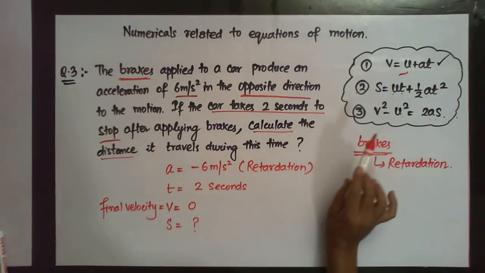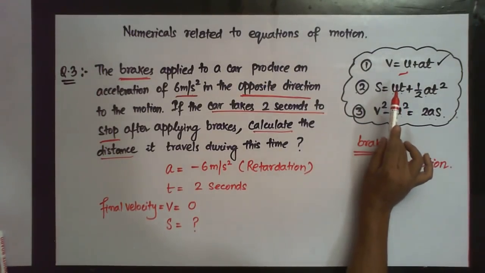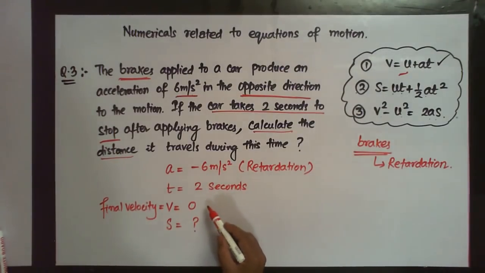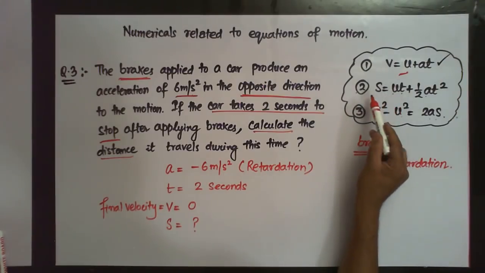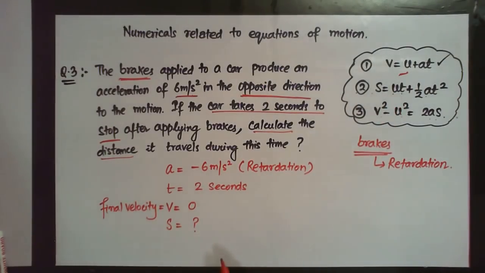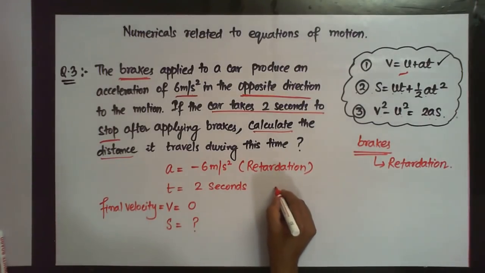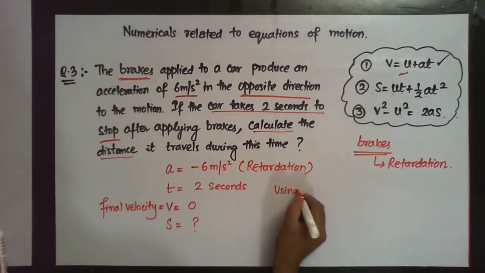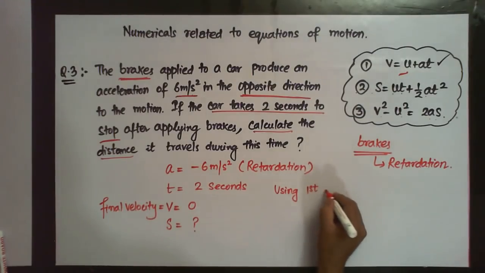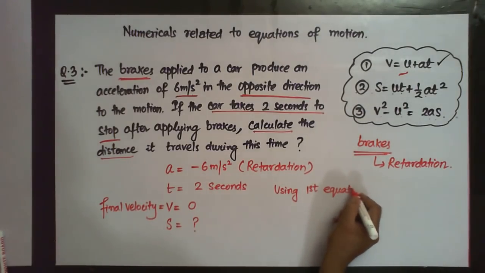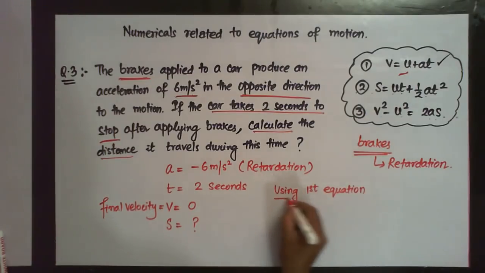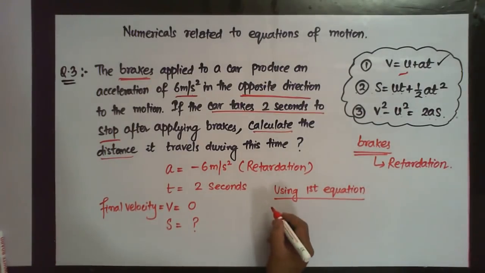If we use the first equation, we can find out the value of initial velocity. If we know the initial velocity, we can use the second equation also. We can use the third equation also. So, using the first equation, let us first find the initial velocity of the car.